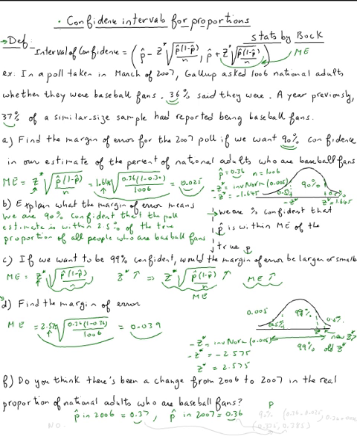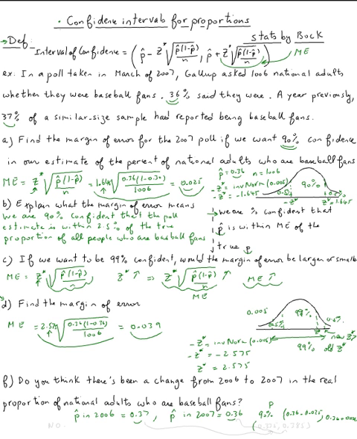Of course not. Why? If we calculate just the 90% confidence interval, we got 0.36 as p hat, minus the margin of error 0.025, and then 0.36 plus 0.025.